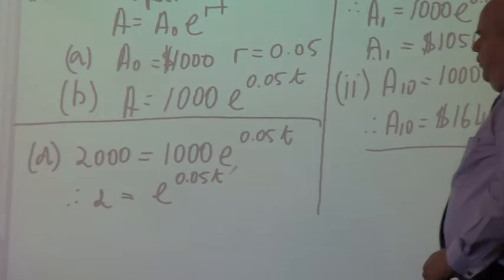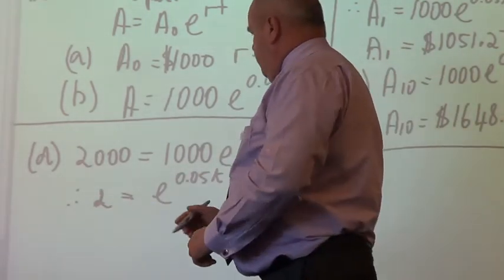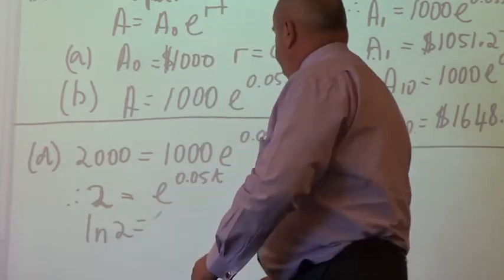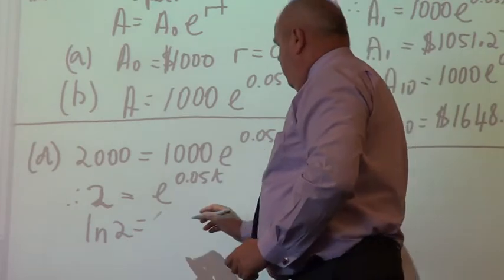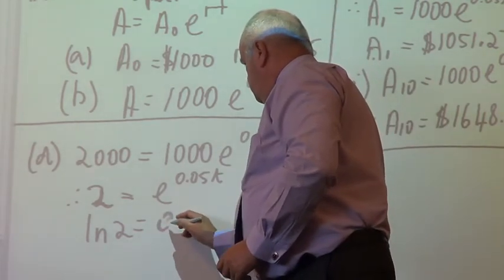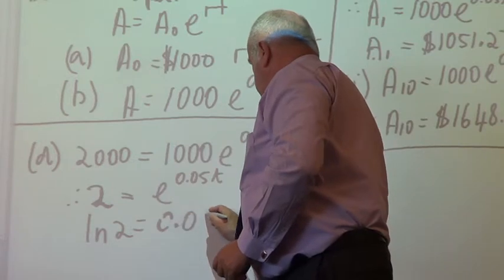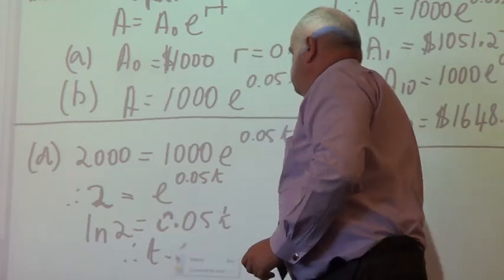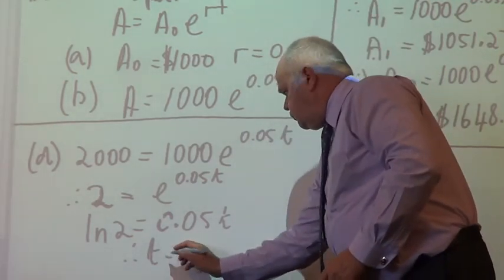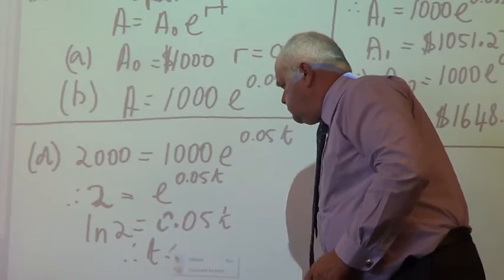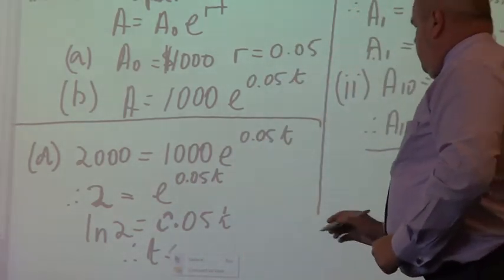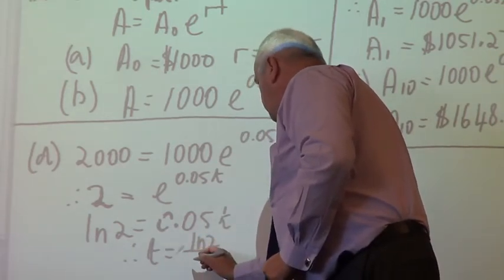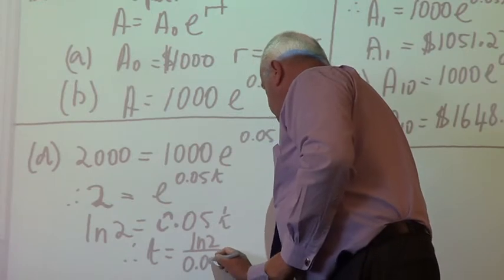Now, can you see that if I take the logs of both sides, I'm going to end up with ln 2 equaling 0.05t. Therefore, t will equal ln 2 divided by 0.05.